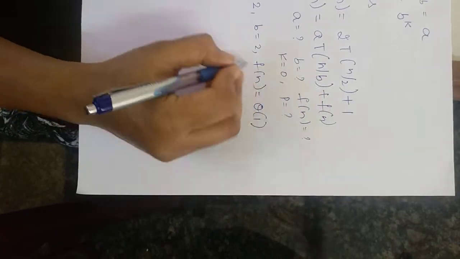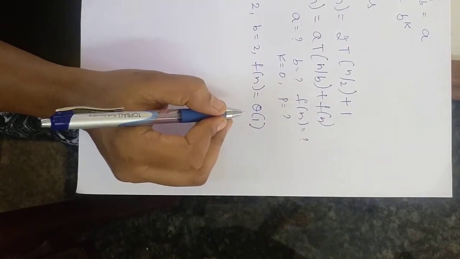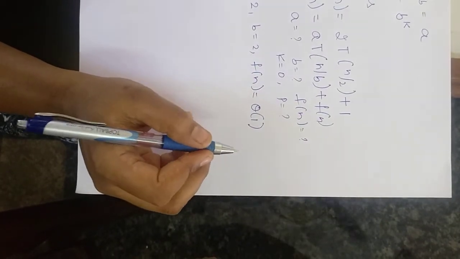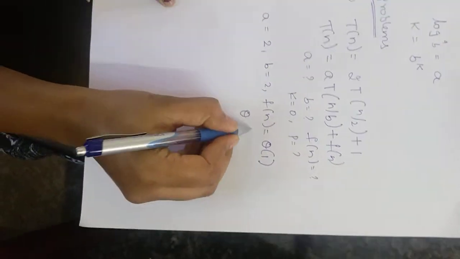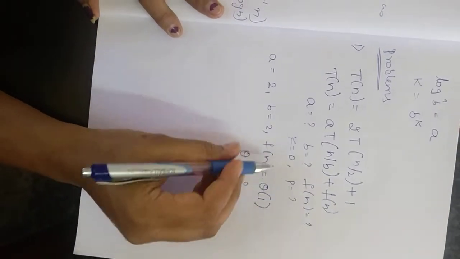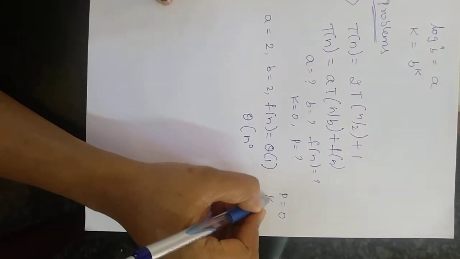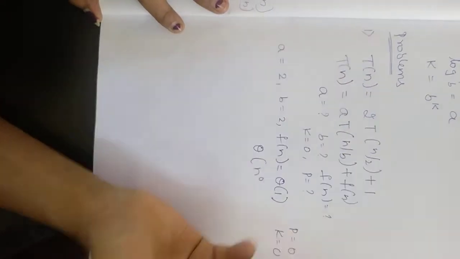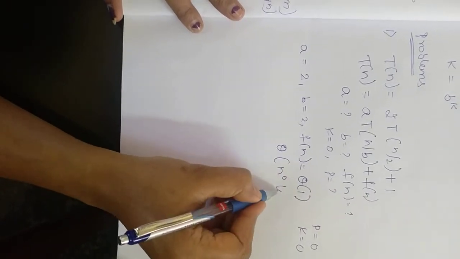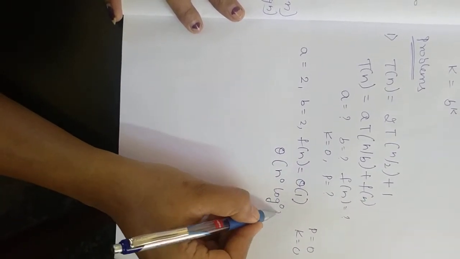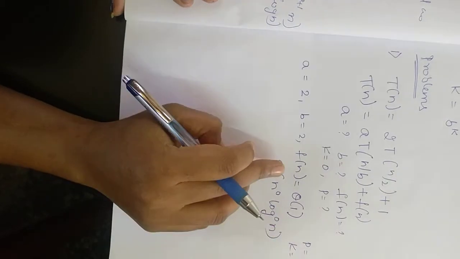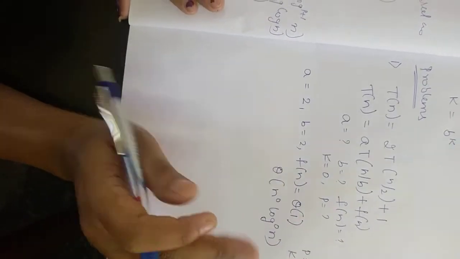I told you f(n) means n to the power of k log^p n. So that is theta of n to the power of 0, because p is 0 here, k is equal to 0 according to the problem. So theta of n to the power of 0 log^0 n, that will be 1.